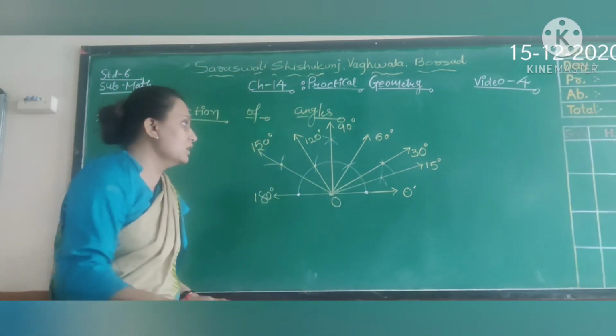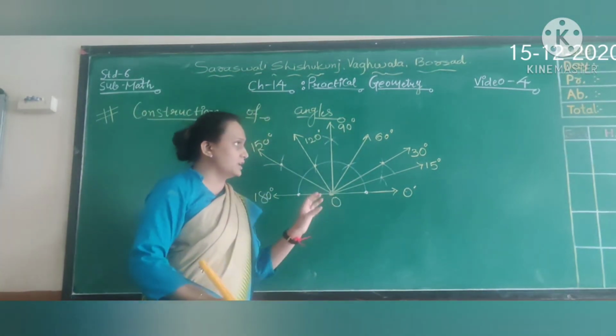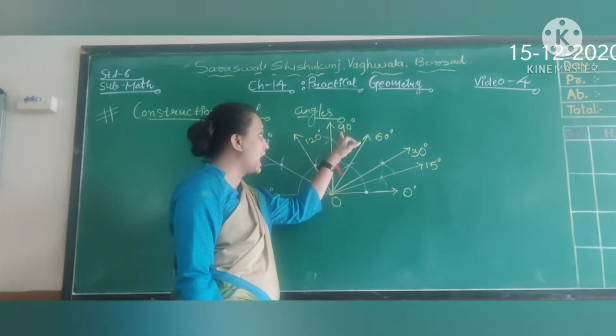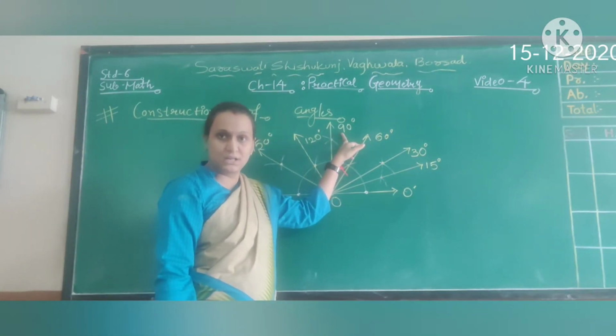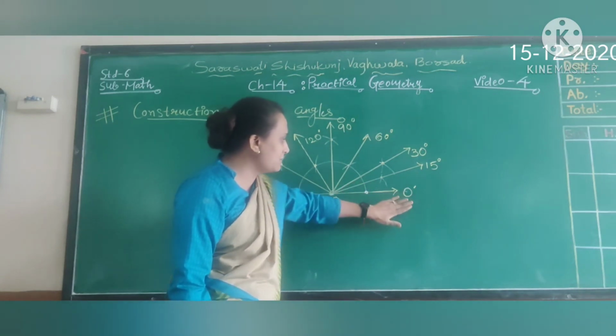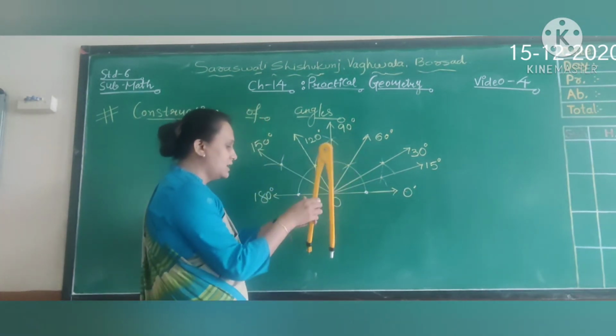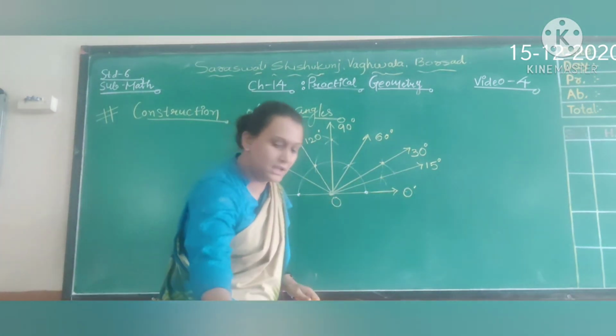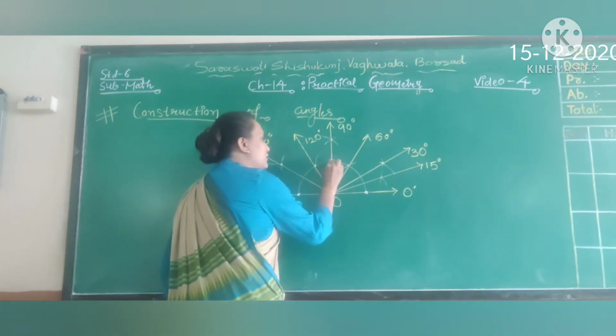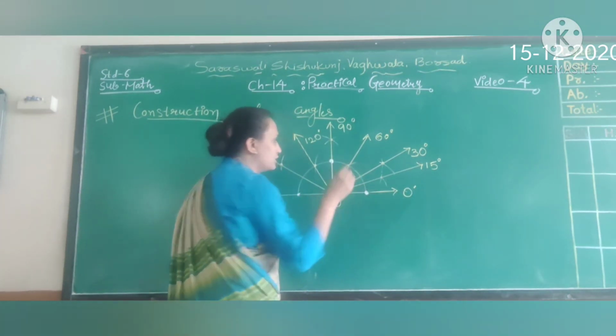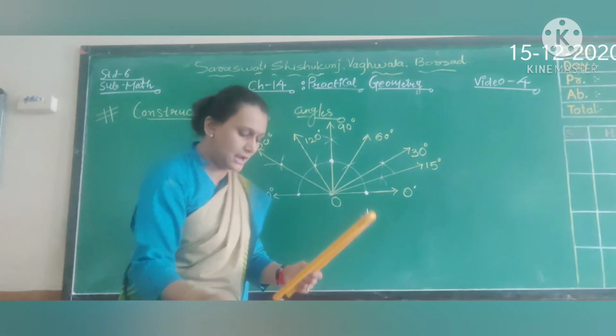Now if you want to draw 45 degree, which is half of 90 degree, clear? So you can take measurement from 0 to 90 degree. So let us find 45, which is equal to half of 90 degree, or we can say the bisector of 90 degree.